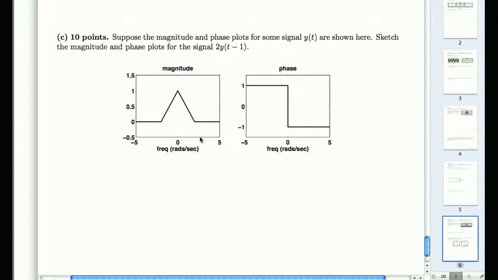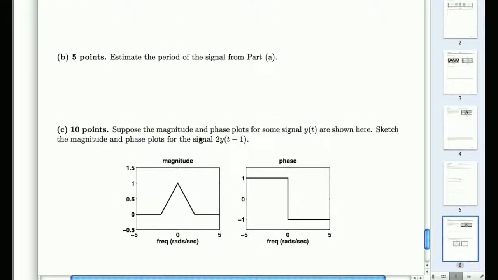Yeah, that's Fourier transform, not Fourier series, and we really haven't spent a lot of time talking about those properties, so you can just hold off on that for now. Would that be positive 90 or negative 90? No, it's actually a little bit more complicated. You're adding a time shift of 1 second, which means you're adding a phase shift of minus omega radians per second.